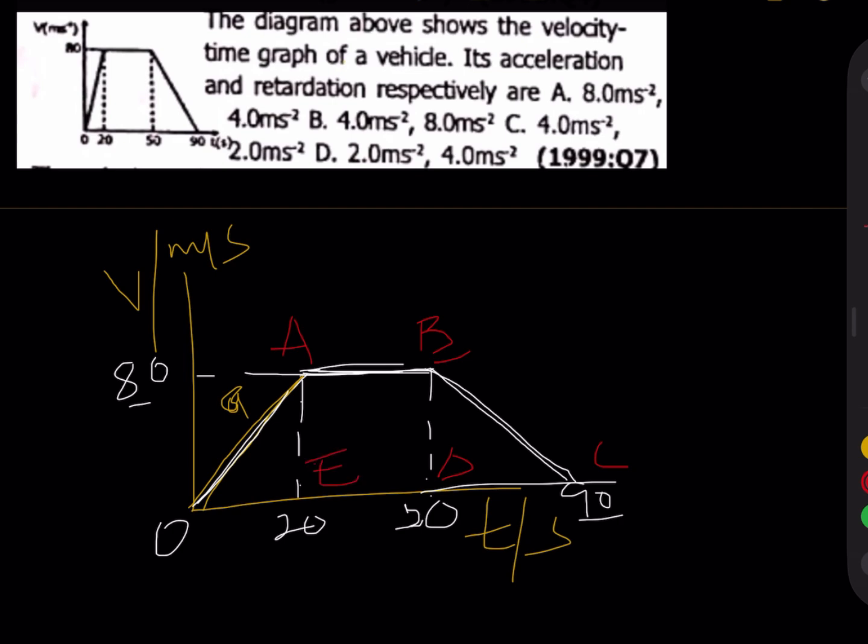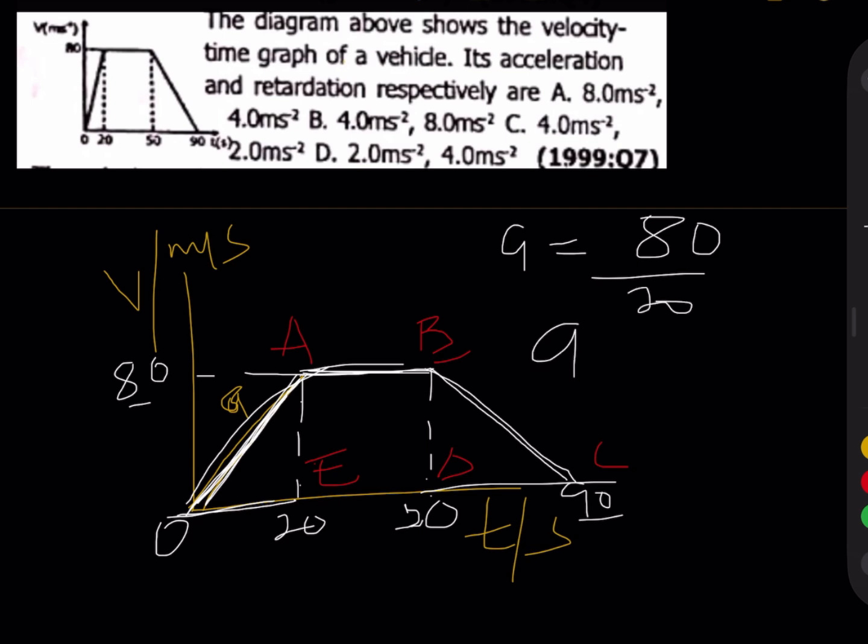Now for the first 20 seconds, that is where the acceleration took place. To calculate our acceleration, a will be equal to the velocity of the vehicle for the first 20 seconds, which is 80, divided by the time taken in that period, which is 20.